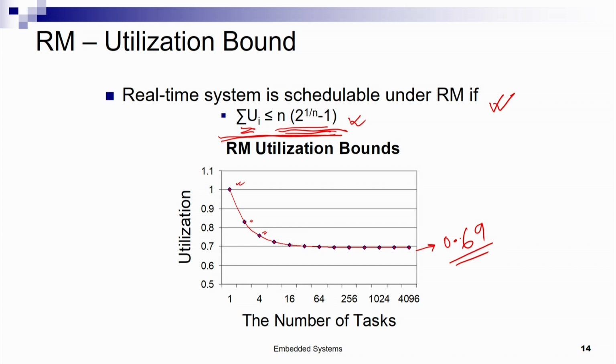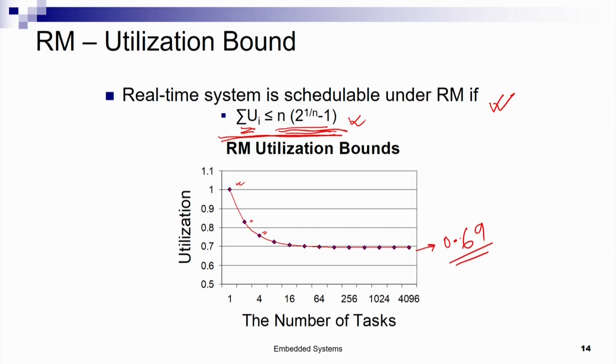So, we can say that any arbitrary task set of any big size will be schedulable under RM. Meaning the task set can contain any arbitrary number of tasks, but for that task set we can ensure that it will be schedulable under RM on a uniprocessor system if the total utilization of that task set is less than about 0.69.